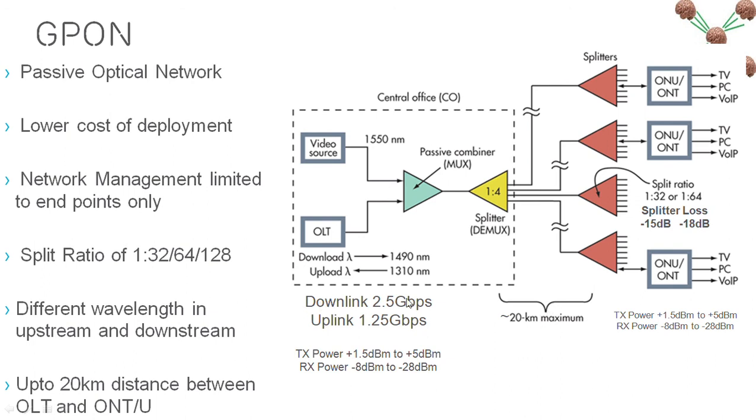Because it's called GPON, gigabit PON, the uplink is almost 1 gig and the downlink is 2.5 gig. But there is a new version also, called XGPON or 10G PON. 10G PON has 10G downlink and 2.5G uplink. If you have a GPON and you put a lot of customers on it, these customers may face some kind of congestion at peak time.